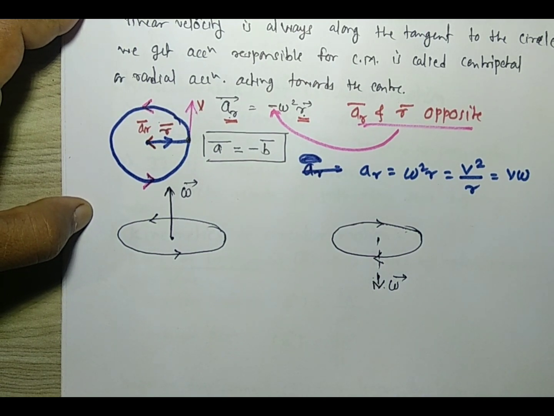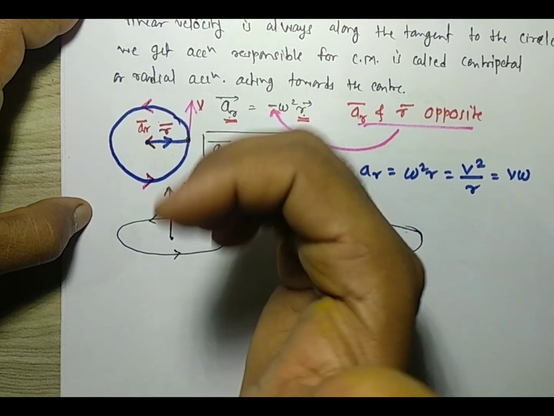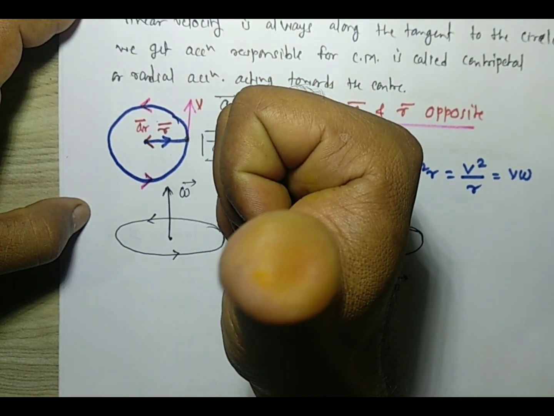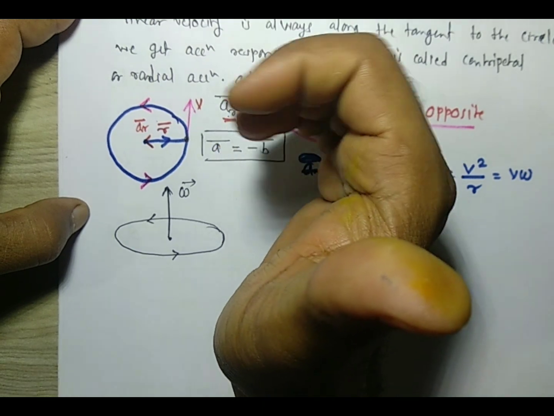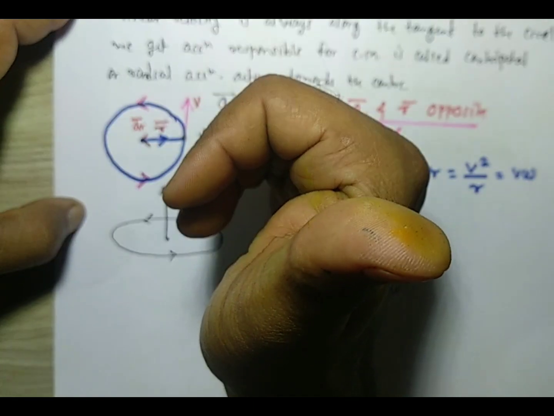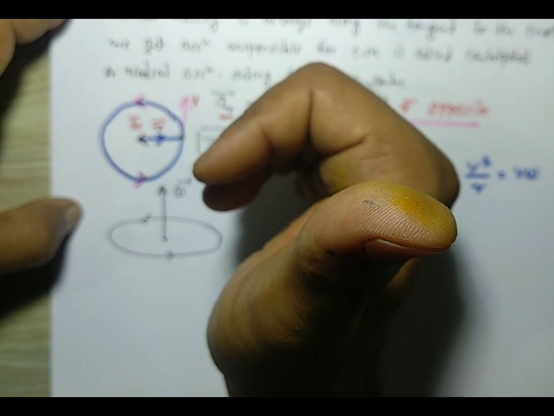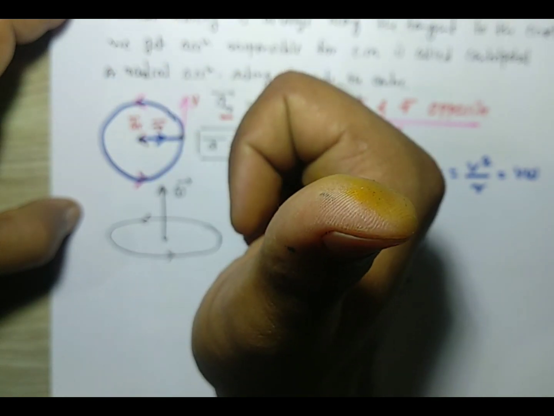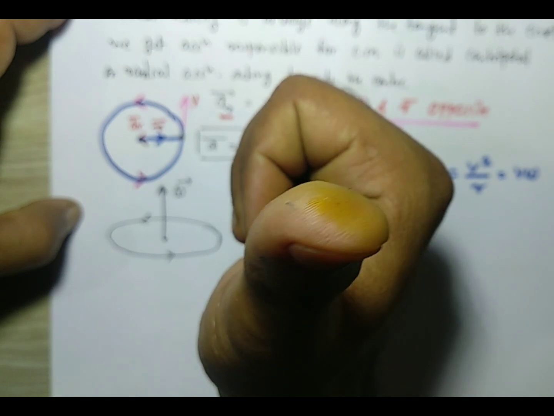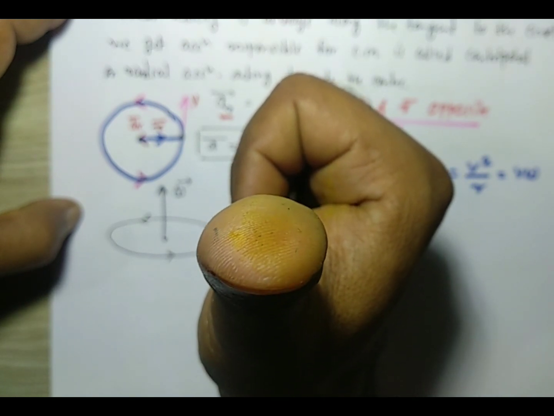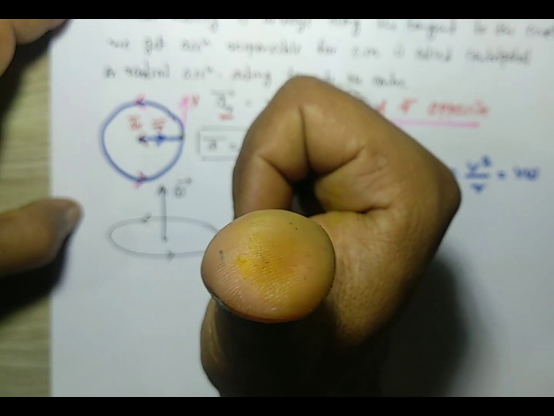The right hand thumb rule is: if you consider your right hand, stretch the thumb and curl the fingers, the curled fingers give the direction of the particle's motion, and the stretched thumb gives the direction of the angular velocity.